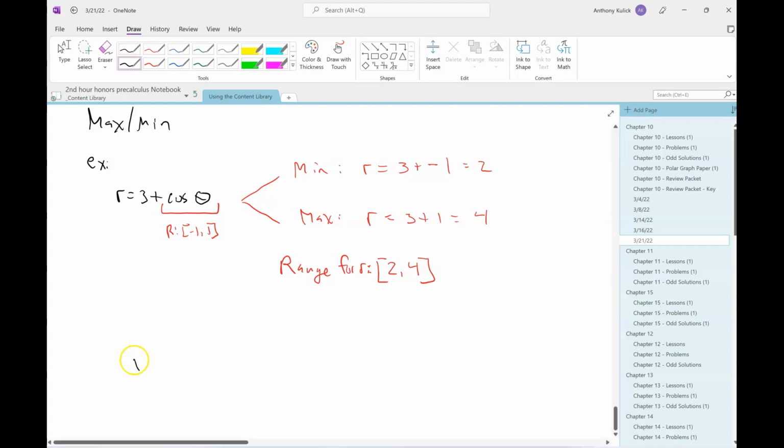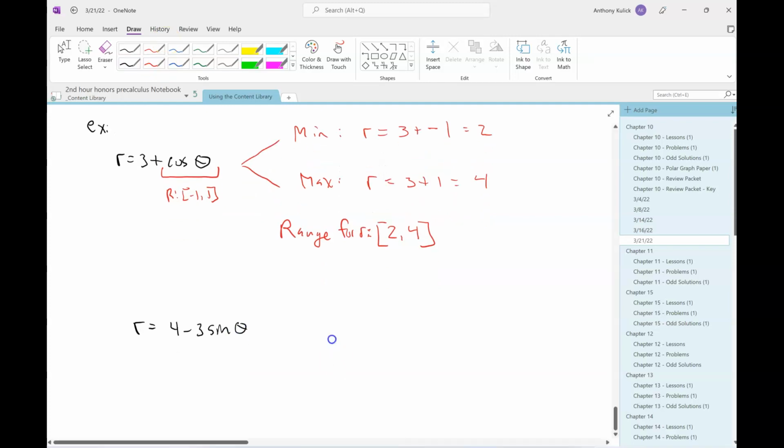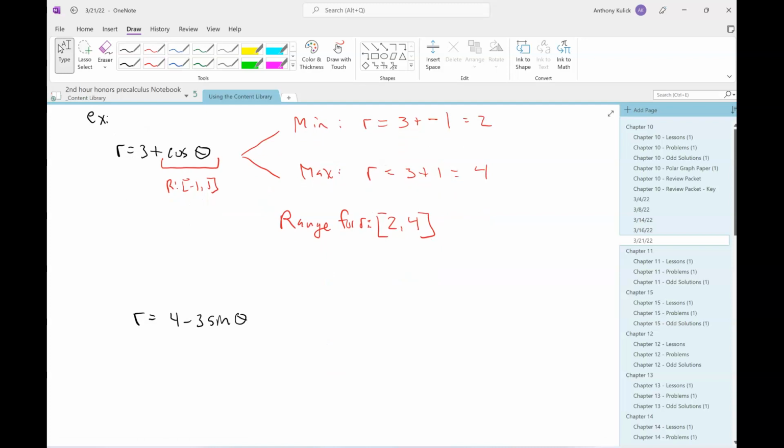What if we did the same thing for r equals 4 minus 3 sine theta? Yep.